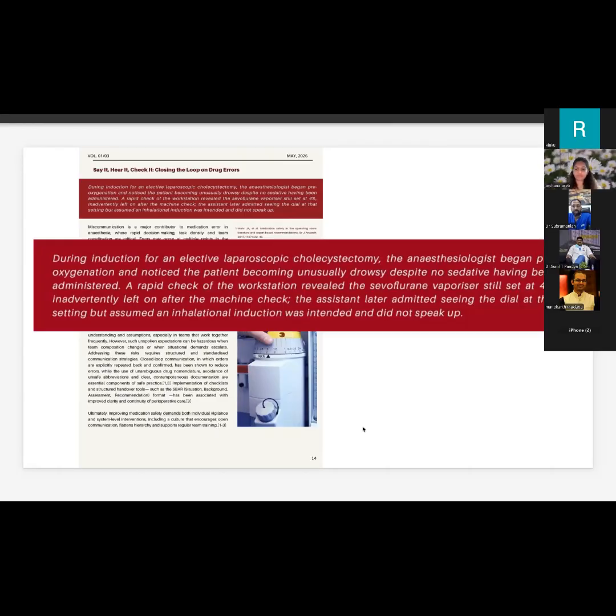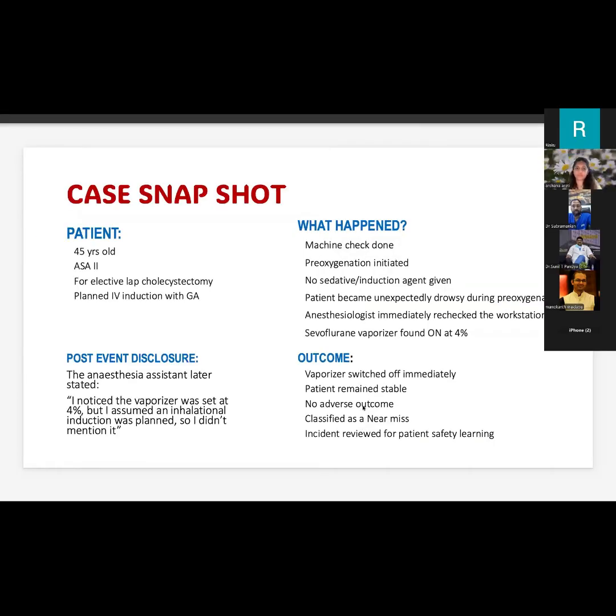If we sum it up: a young patient, ASA 2, for lap chole, planned for IV induction with GA.